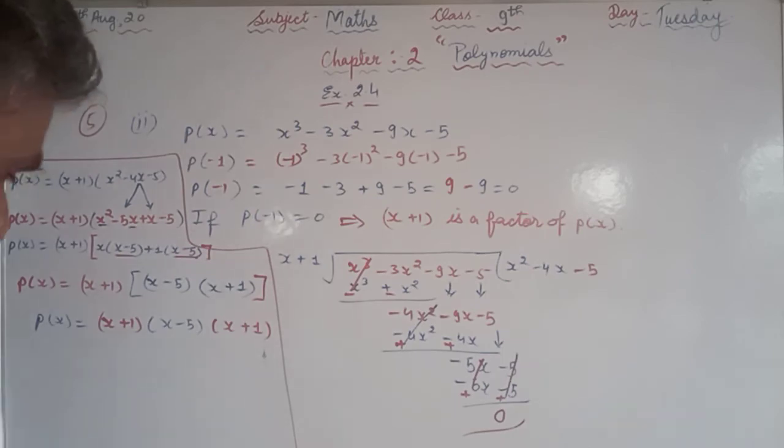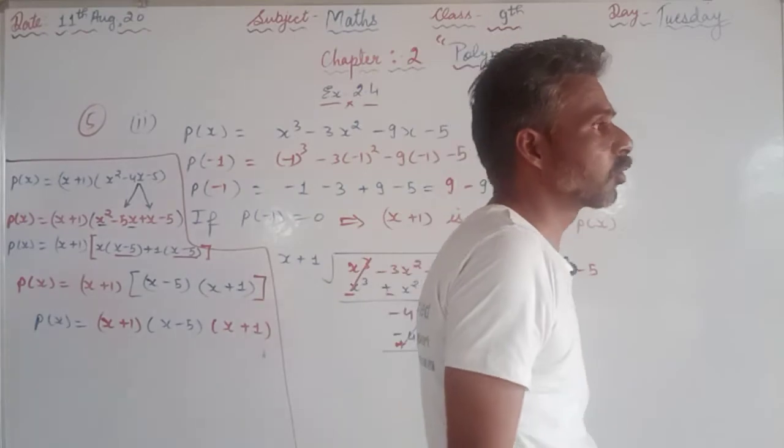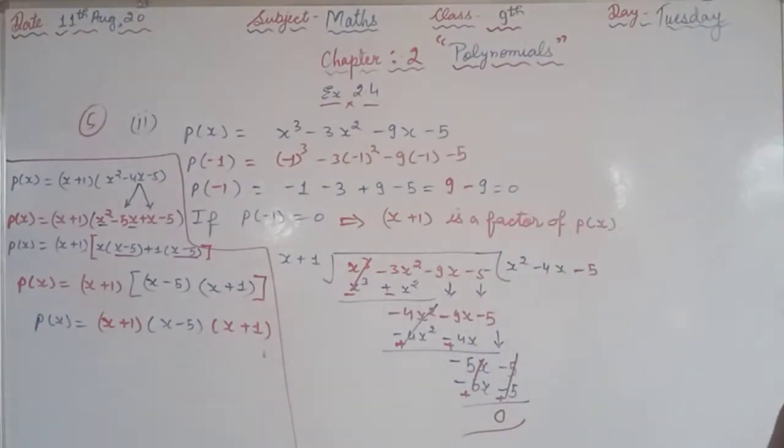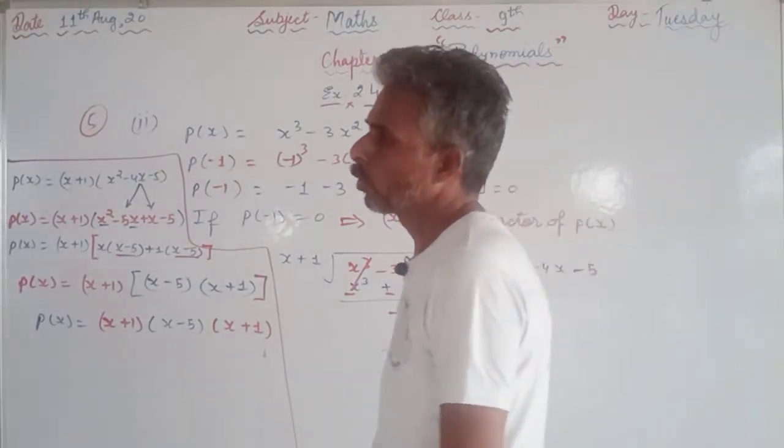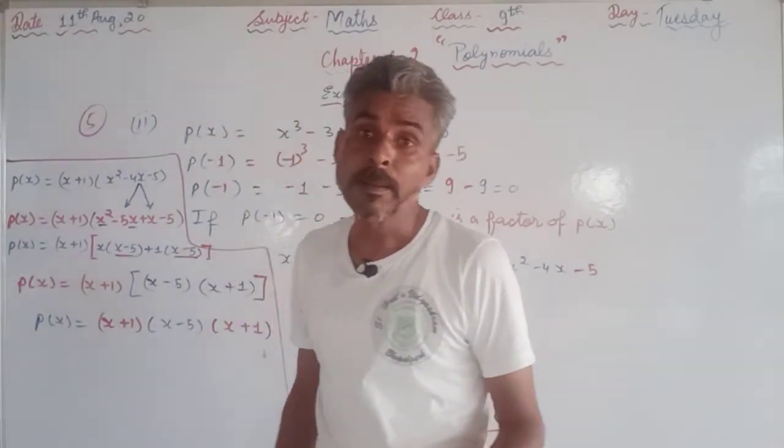If the degree is up to 2, then you can factorize a given polynomial by the method of splitting the middle term.